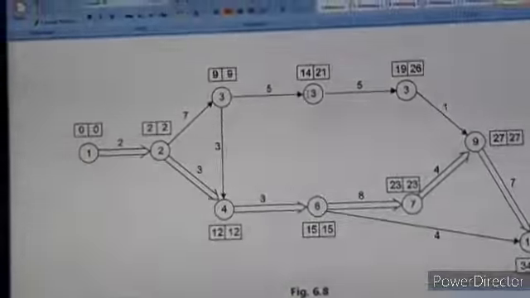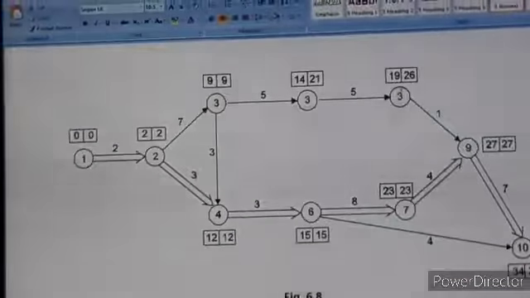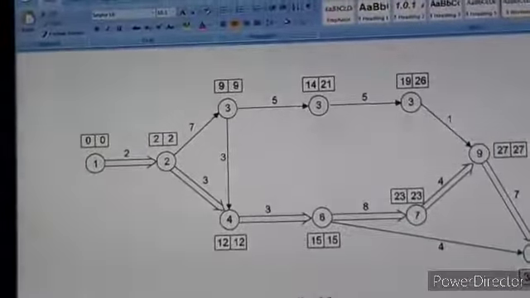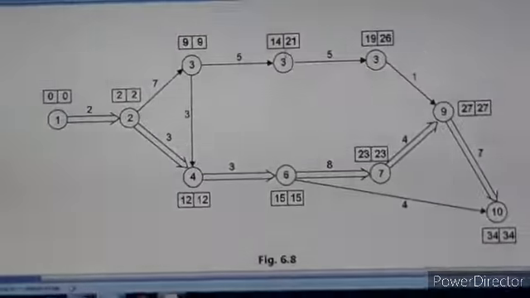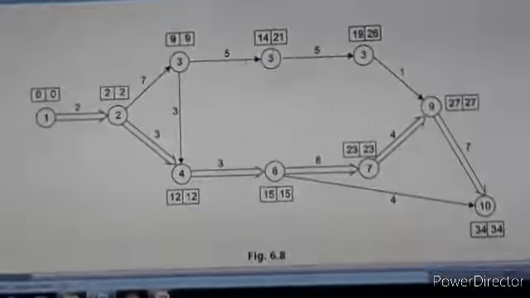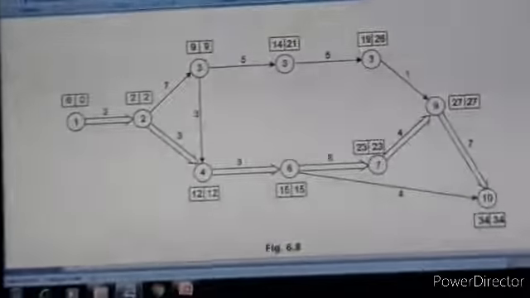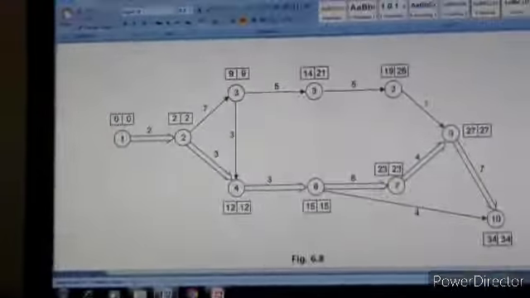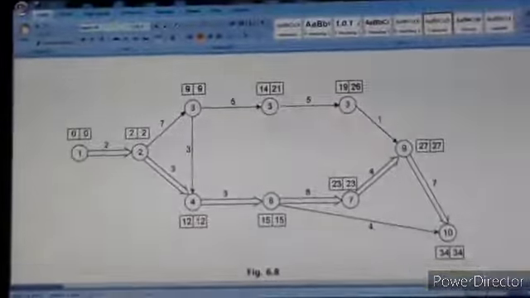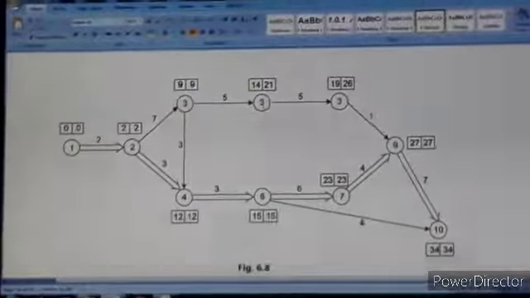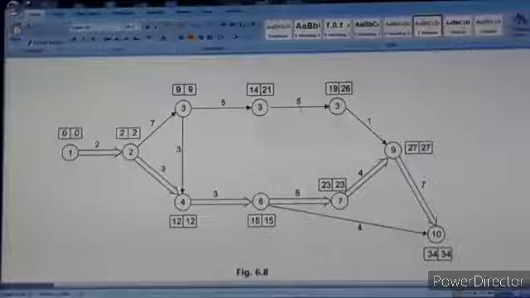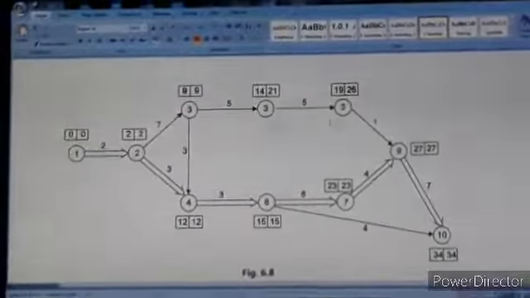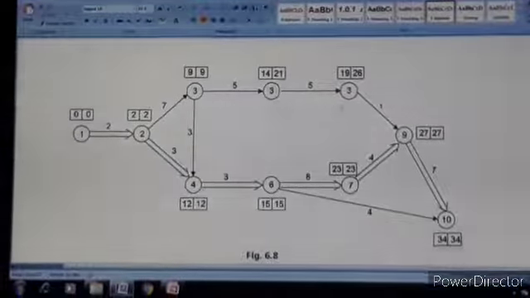Instead of the second 3 it should be 5, and instead of the next 3 it should be 8. So this is 3 to 5, not 3 to 3, and this is 5 to 8, not 3 to 3. So 3 to 5, its duration is 5 weeks. Again 5 to 8, duration is 5 weeks. So that is one correction in this diagram. The rest of the diagram is correct.